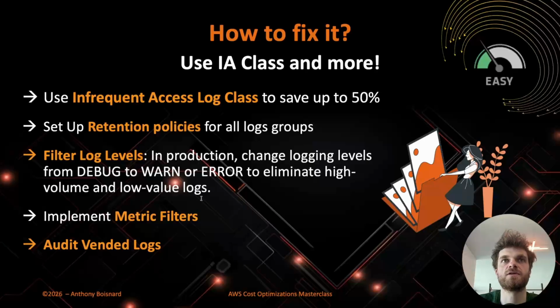For example, you can use the infrequent access log class to save up to 50%. You can set up retention policies for all log groups. You can also filter log levels. In production, change logging levels from debug to warn or error to eliminate the high volume and low value logs. You can also implement metric filters or also audit vended logs.